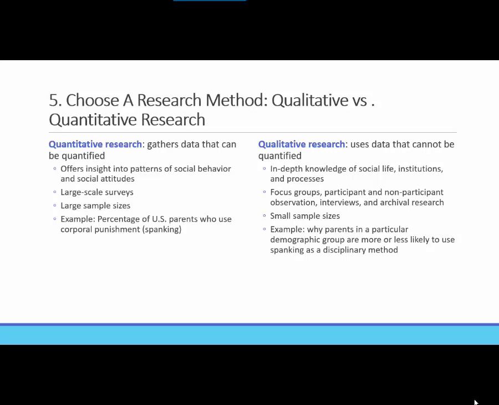Oftentimes, this involves survey data, particularly large scale surveys that have large sample sizes. And that's because since the data can be quantified, you analyze it using computer programs like SPSS, Stata, or SAS.